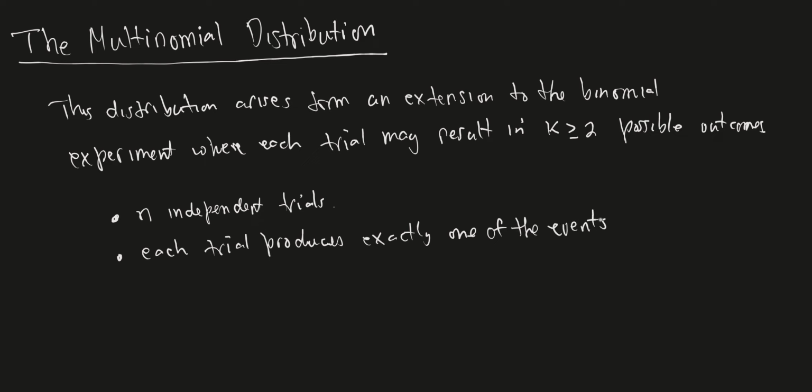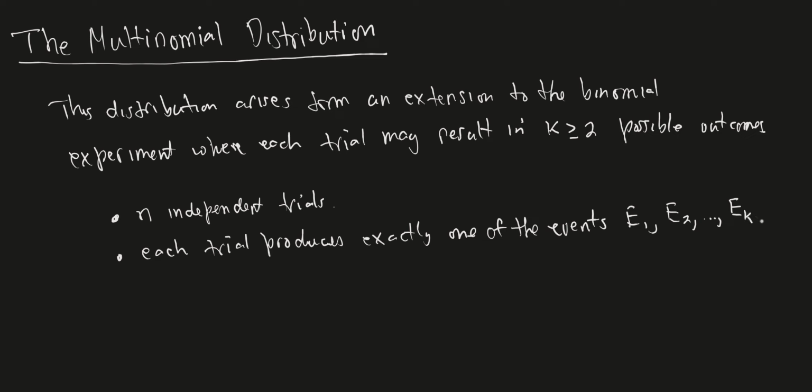Previously we had success and failure, but now we have possibly a lot more, so I'm not going to use S and F. I'm just going to say event 1, E1, E2, dot, dot, dot, up to E sub k.